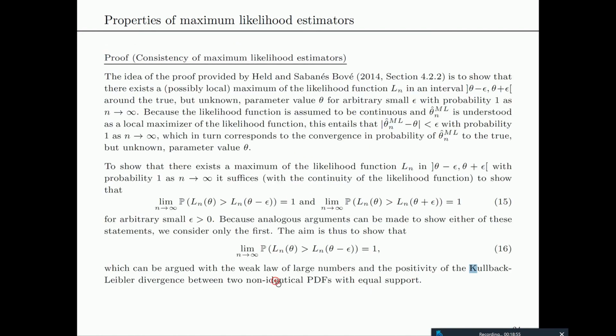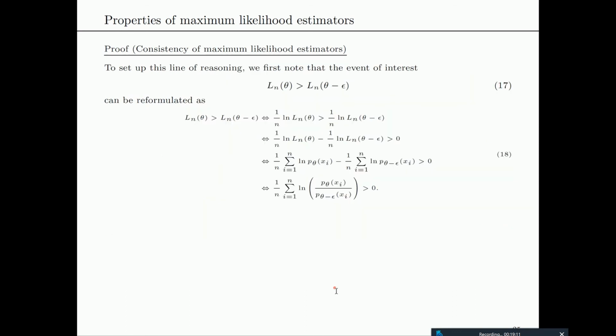So these are the two things that you need to understand why this probability being 1 holds. You need to understand the weak law of large numbers, and you need to know what the Kullback-Leibler divergence is, and that it's positive. If one has these two things in the back of one's head, then the proof works by first reformulating this event of interest.